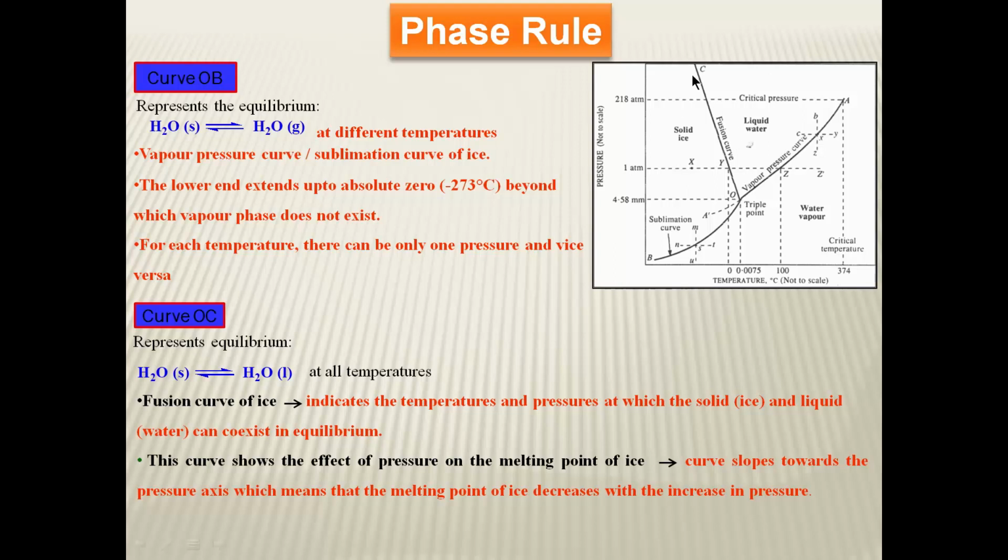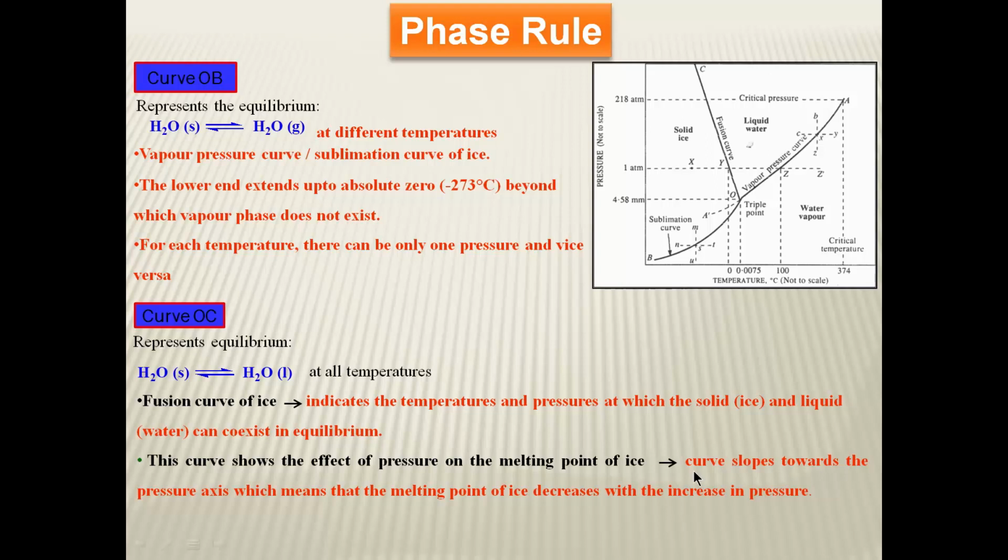This curve OC, as you can see, is tilted towards the pressure axis. It has bent towards the pressure axis. This curve is of big relevance as it shows the effect of pressure on the melting point of ice, that is, how the melting point of ice varies with the change in pressure.